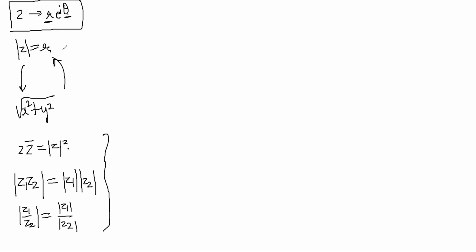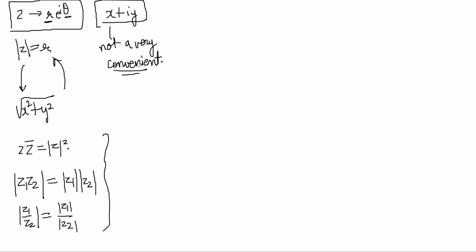The most important lesson here is that the x plus iy form is not a very convenient tool for complex numbers, because many operations are quite hard in x plus iy. Addition and subtraction are easy, but everything more complicated is harder. So mostly you will be using Euler form or polar form, r e^(i theta).